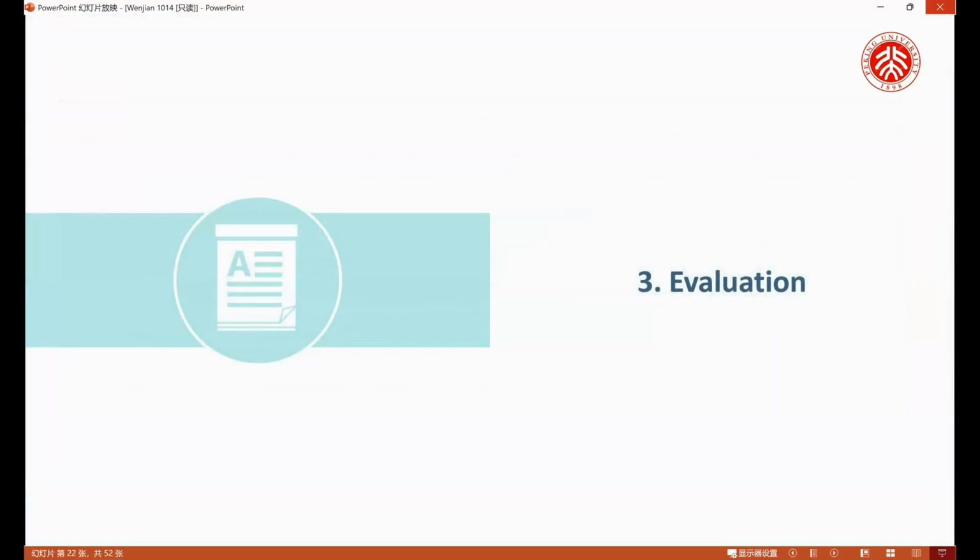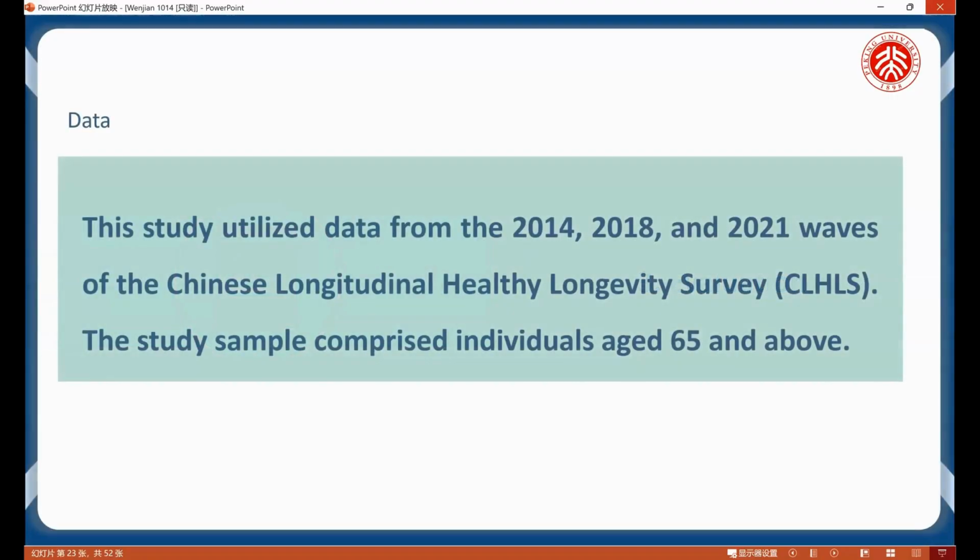The third part is evaluation. This study utilized the data from the 2014, 2018, and 2021 waves of the Chinese Longitudinal Healthy Longevity Survey. The study sample comprised individuals aged 65 and above.